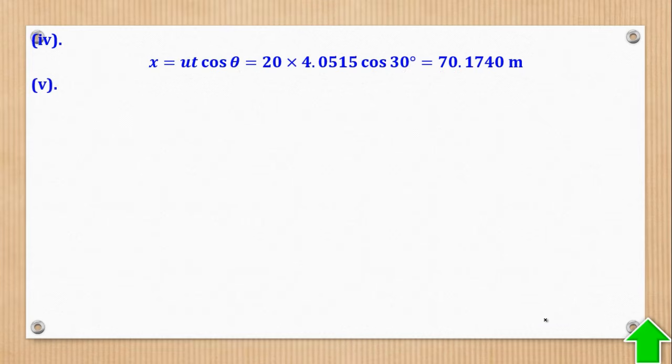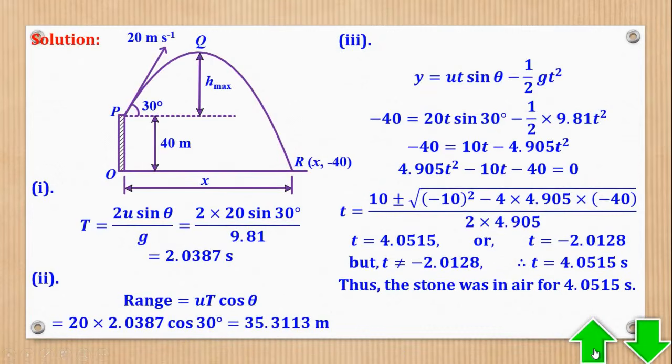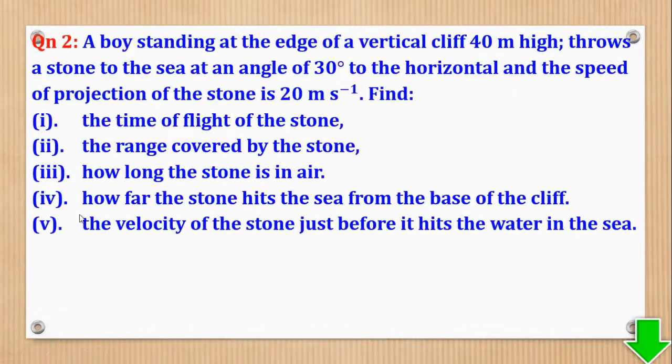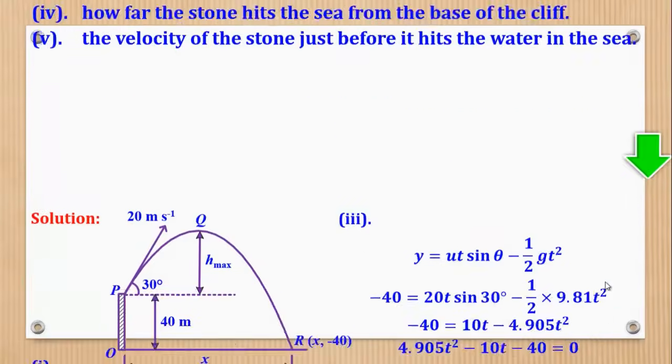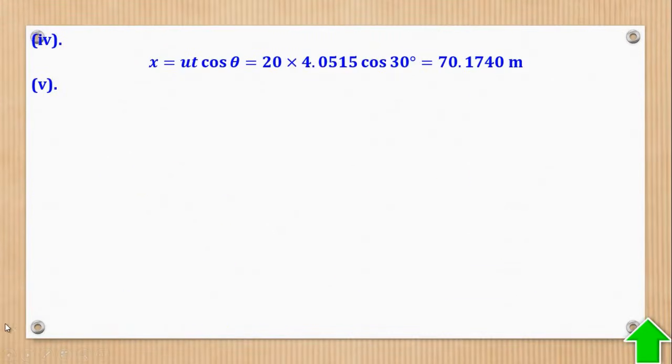Then Roman 5, the velocity of the stone just before it hits the water in the sea. So Vx is the constant, u cos theta, which gives that.